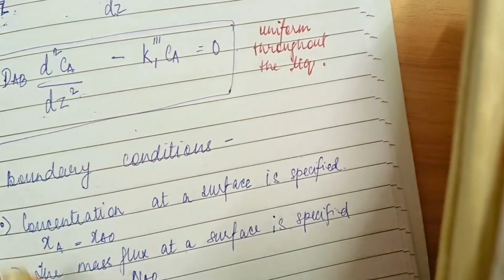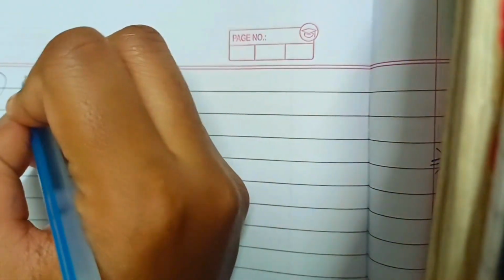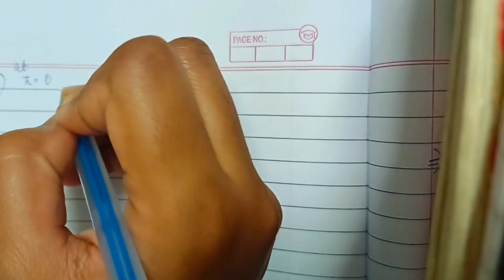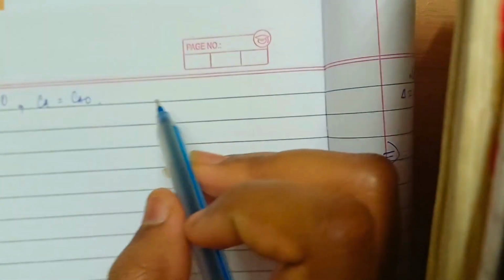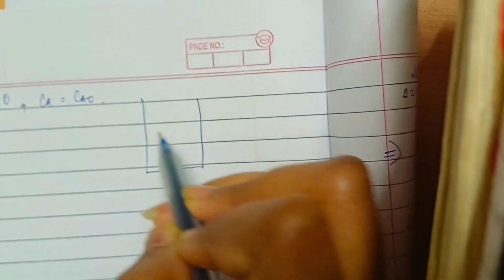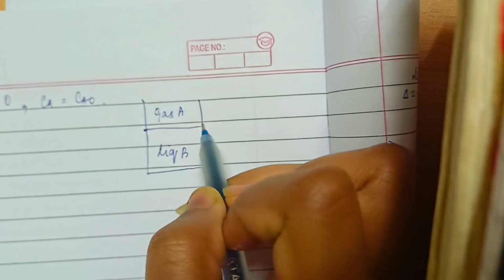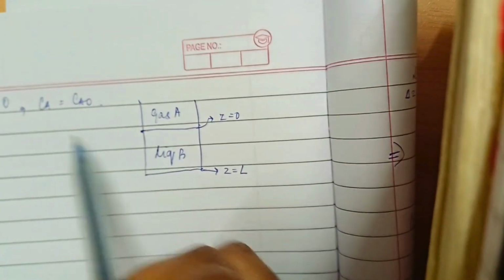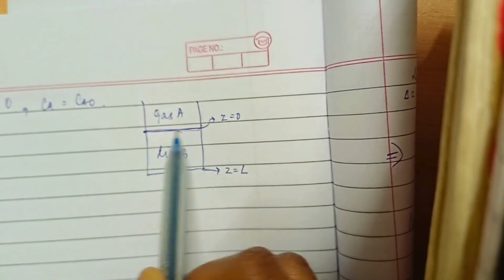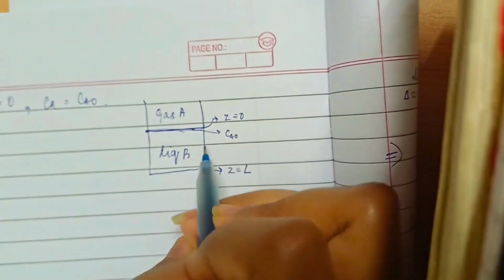Now, further explaining the boundary conditions, we have selected the first boundary condition at Z is equal to 0, CA is equal to CA naught, because the concentration of A at the surface of the liquid layer B is considered to be CA naught, that is a constant.